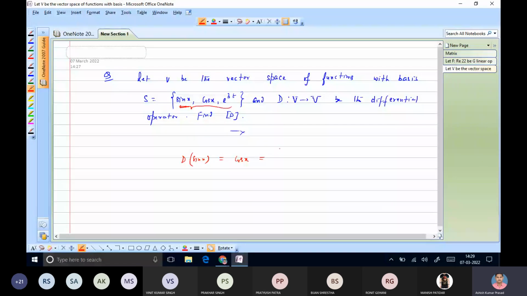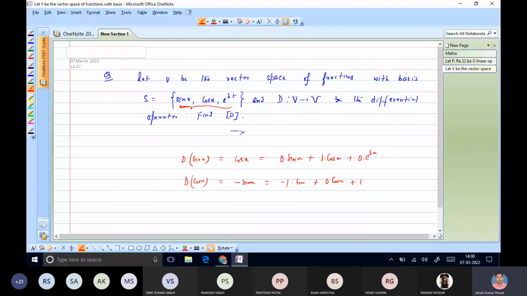Because no sin x is present, I will put 0 coefficient. Cos x is present with coefficient 1, and because no e to the power 3x is present, I will put 0. Similarly, the image of cos x: the derivative of cos x is minus sin x. I will write minus 1 into sin x plus 0 cos x plus 0 e to the power 3t.